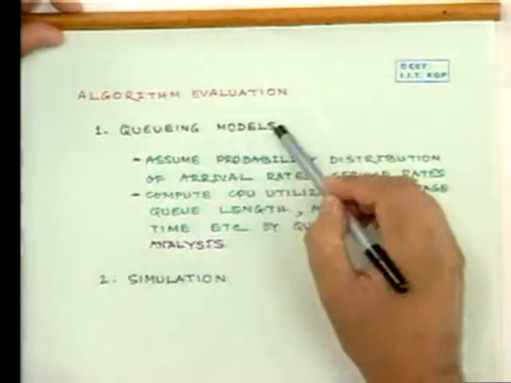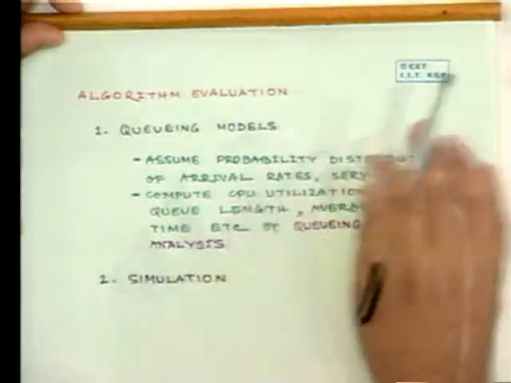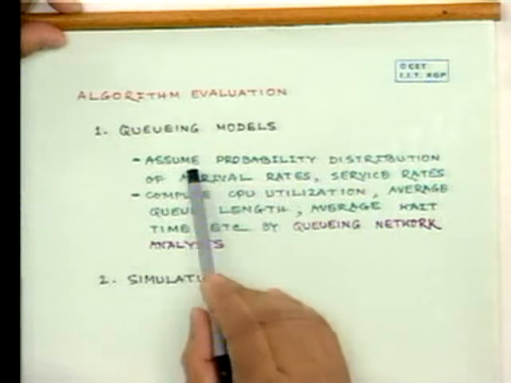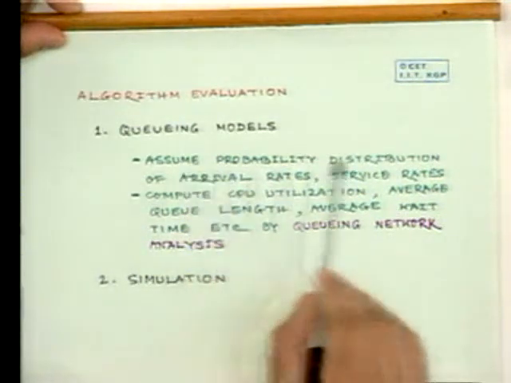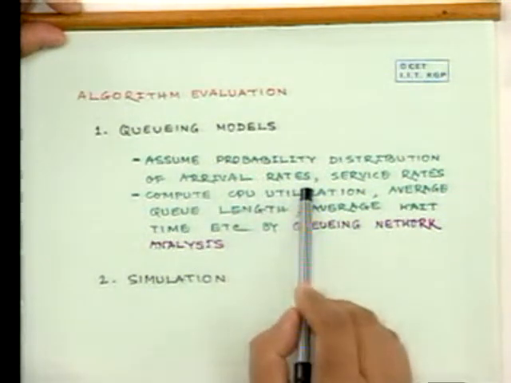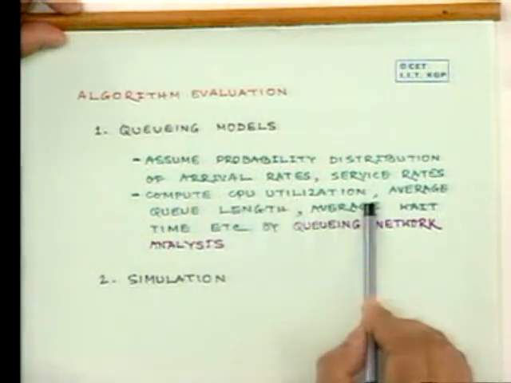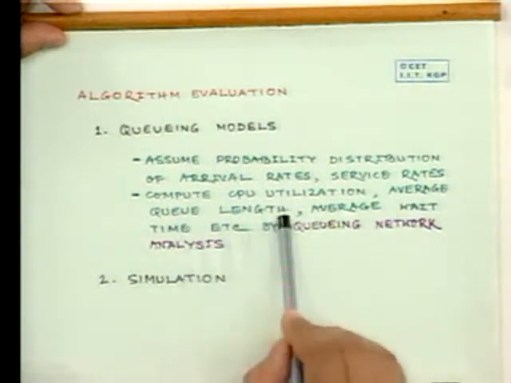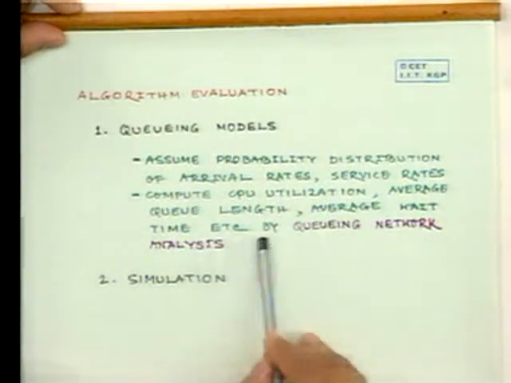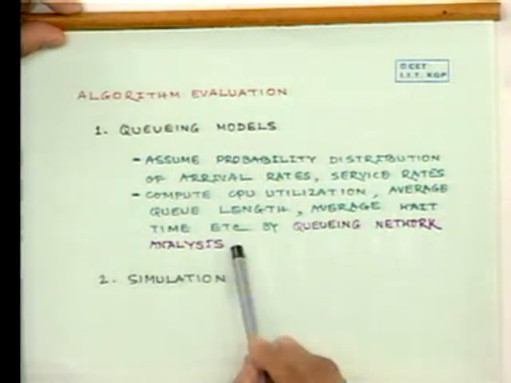One is called the queuing model. In that queuing model, we assume probability distributions of arrival rates and service rates, and then compute the CPU utilization, average queue length, and average wait time, etc., by queuing network analysis.